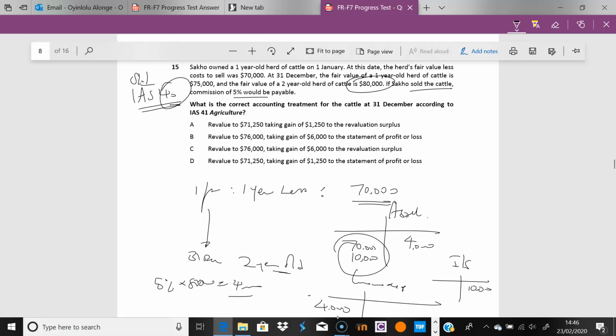So you have 80,000 minus 4,000, which is revalued to 76,000. We go straight to profit or loss. There is no holding on in the revaluation, no revaluation surplus or anything along those lines. All profit is recognized straight away for the standard, taking us into B. So great. That brings us to questions 11 to 15.